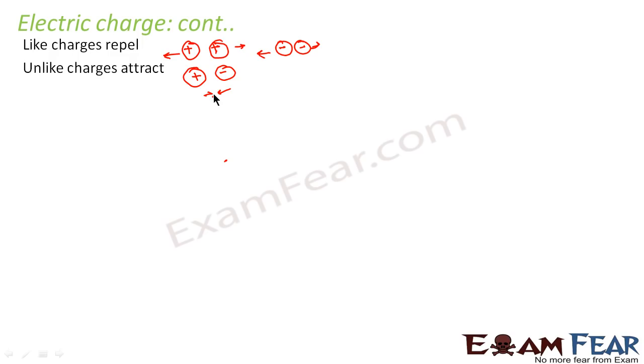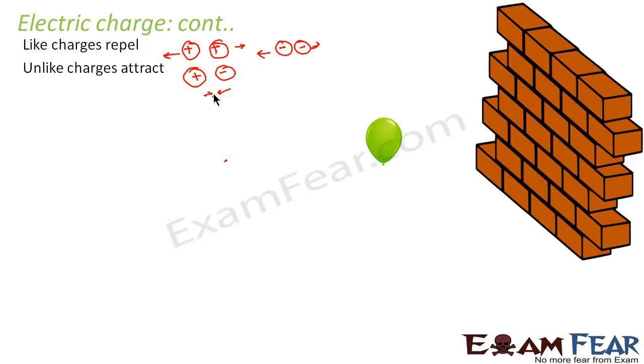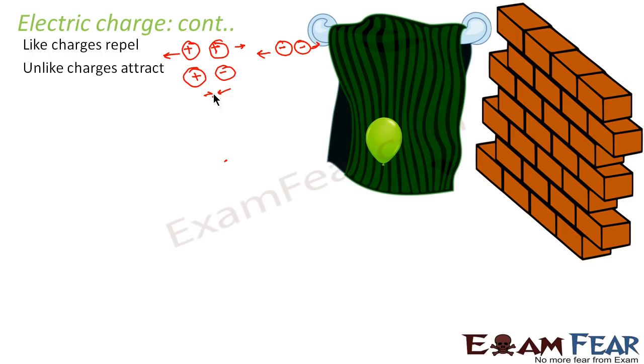So let us understand this with the help of the example which I displayed on the first screen. How does it hold true in case of this balloon? You remember the example? Right. So what happens in this case? When you rub the balloon on this cloth, the outer electrons move from clothes to the balloon, because this cloth is also a matter, right?